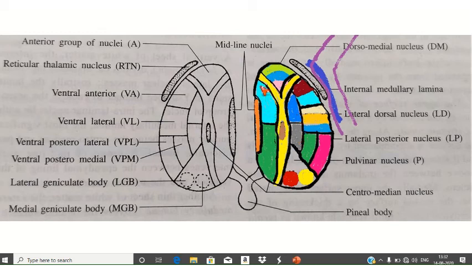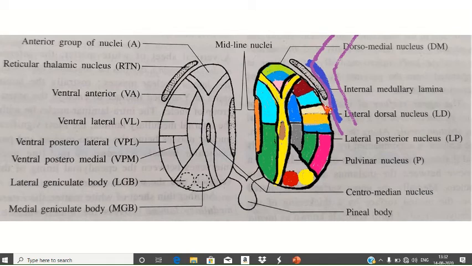Medial to this are the midline nuclei. And our last one is the reticular thalamic nucleus, which, as I already explained, is present between the posterior limb of internal capsule and the lateral surface of the thalamus.